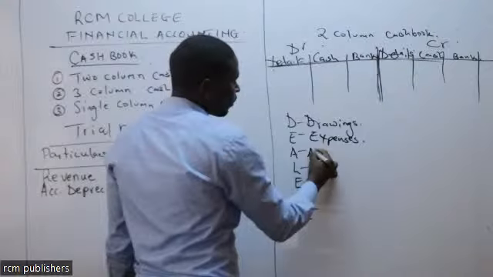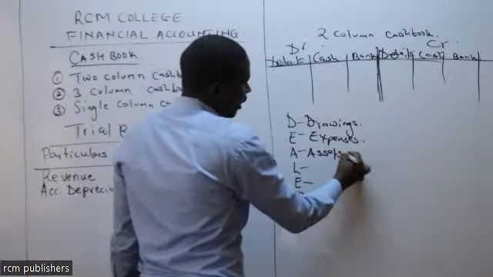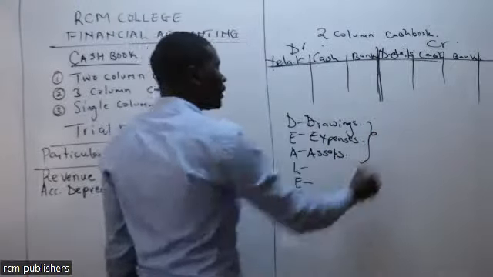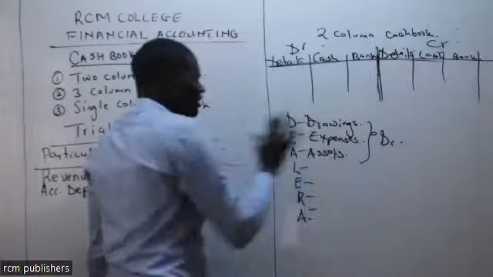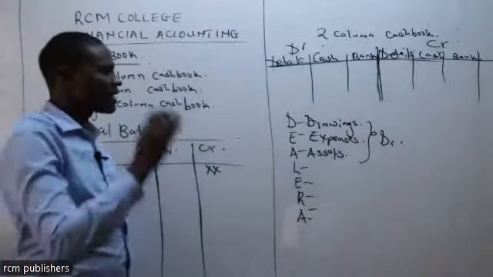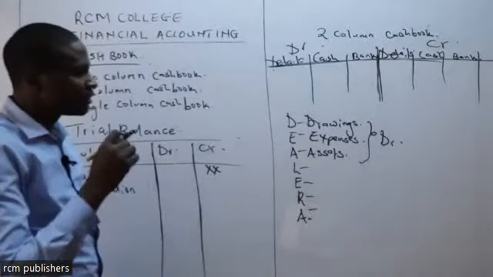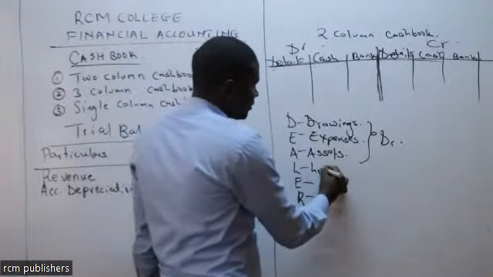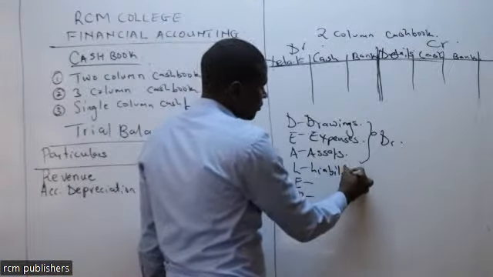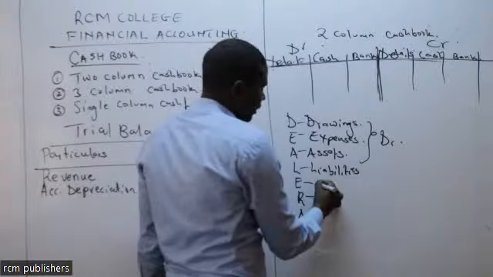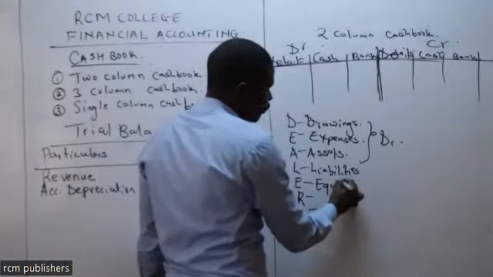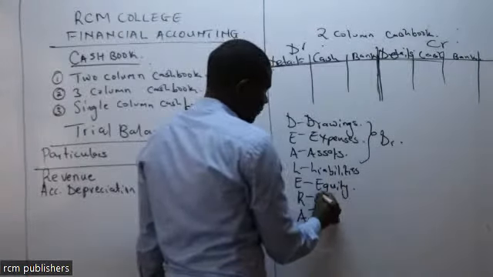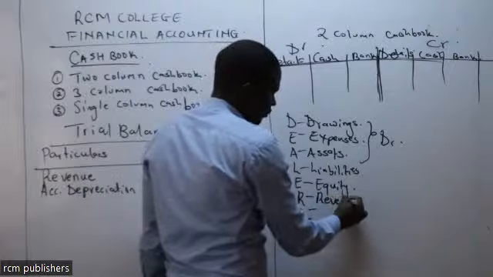My friend, you go to that exam without knowing these, and this is the basic of accounting. So I told you that all these, the drawings, the expenses, and all the assets, they have a debit balance. Then we have liabilities, and equity, all the equity items. We have revenue, you got it.